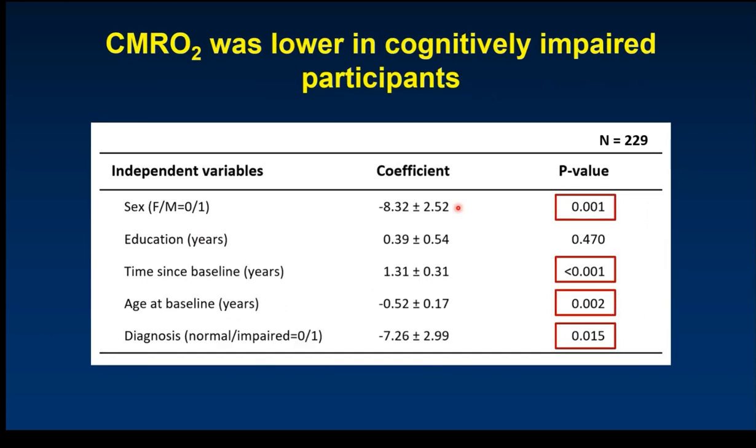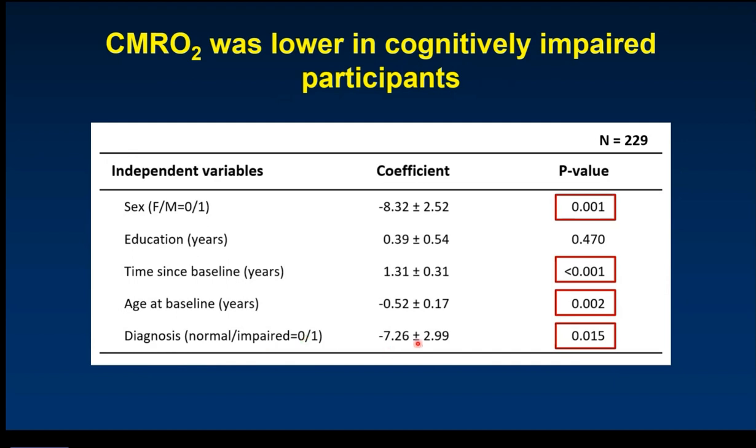And we added 55 participants with cognitive impairment into our analysis. So here we add clinical diagnosis as an independent variable. For the diagnosis, cognitively normal people were coded as 0, and the people with cognitive impairment, which might be MCI or dementia, were coded as 1.